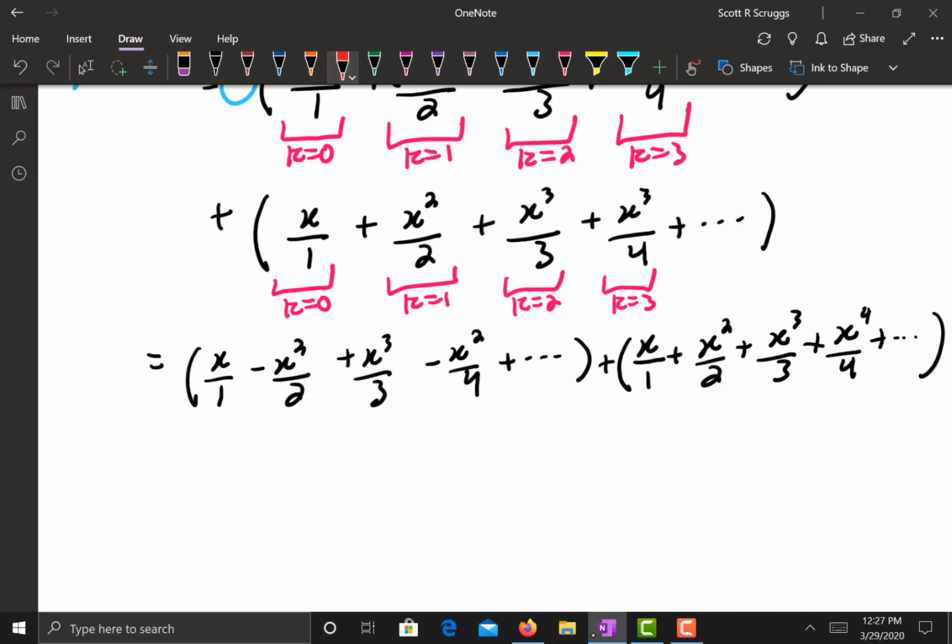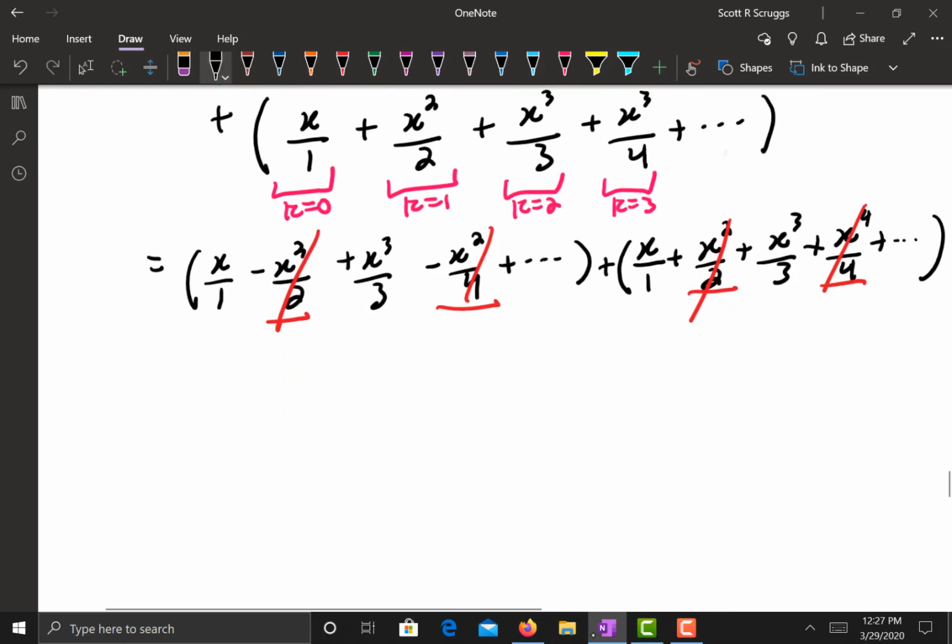And now I see a couple of cancellations going on. I have a negative x squared over 2 plus x squared over 2. Those two cancel. A minus x to the 4th over 4 plus x to the 4th over 4. Those two cancel. So every term that has an even power gets canceled out.